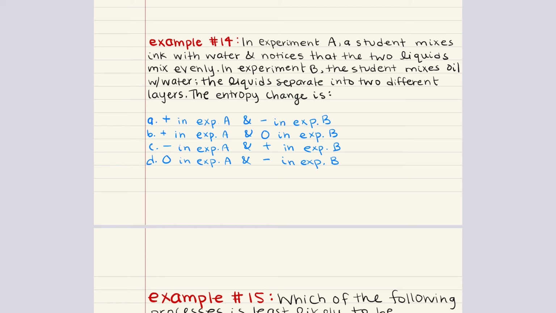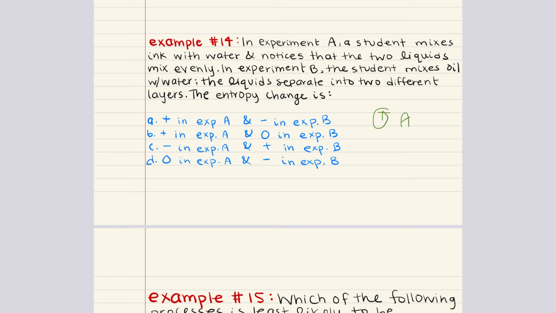Now, when the ink randomly disperses throughout the water and it mixes evenly, then the final state is going to be more disordered than the initial state. So the entropy change of this system is positive for experiment A. When the oil and water are mixed, we notice that they separate from each other.